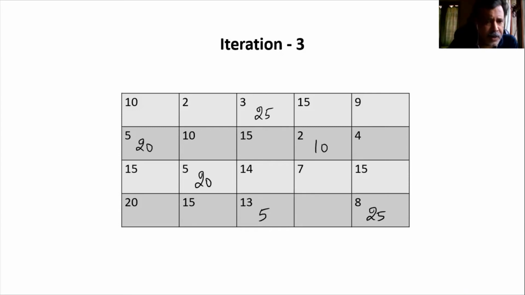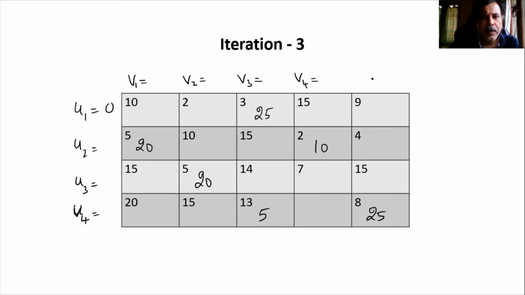So what we will do, we will directly start with ui's and vj's. u1, we consider generally as 0. Then we find out the other ui's and vj's. Here it is v1, v2, v3, v4, v5, right.